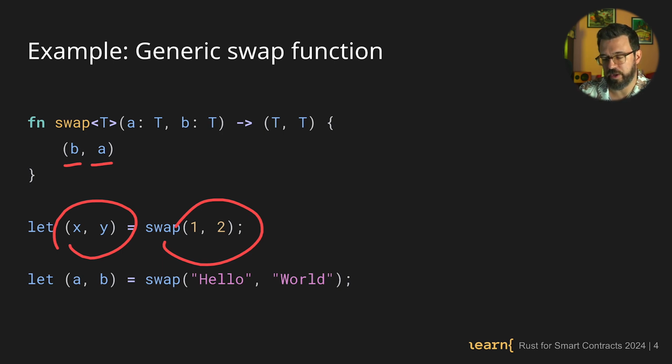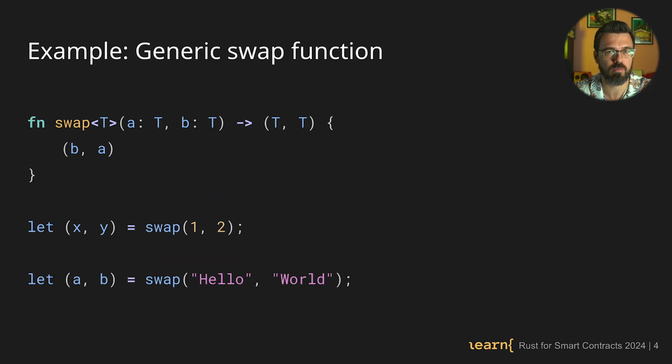Whether they're my own custom types even, there's really no limitations this would have. I could have a user A and user B and I just flip them. I could have protocol A and protocol B, and I just flip them as long as they're the same type over both. Generics will be used around smart contracts as well, where T might be some kind of smart contract or protocol or token type or something like that.